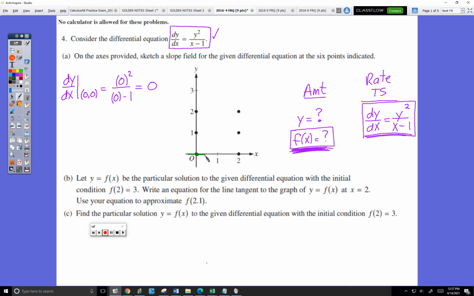Now, a slope field problem goes a lot faster if we look for some symmetry here. So I know wherever the y-coordinate is equal to 0, it won't matter the value of the x-coordinate. Well, careful. If x is equal to 1, the denominator of my formula is 0 and I get an undefined slope. That's why they're not asking you to find the slope field at that spot, because we don't know how to draw an undefined slope.